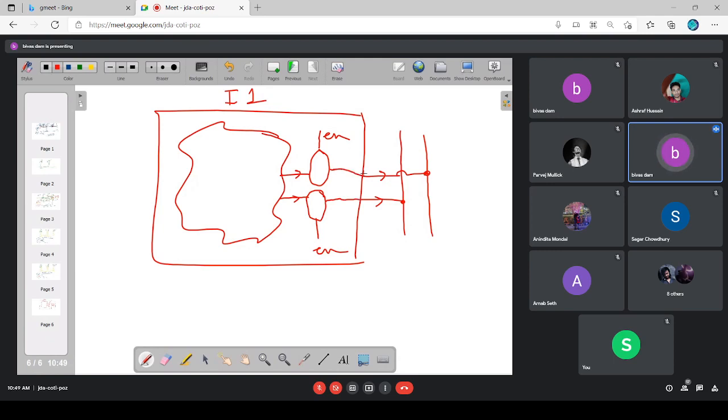Whereas if the enable input is 0, in that case, both will be isolated. This will be high impedance state. The output will attain high impedance state. So that means electrically that output will get isolated from the external world. That means now there is no electrical connection between this output and this particular data wire.